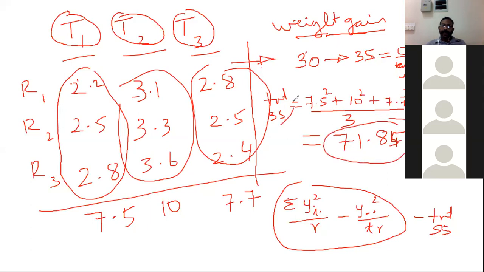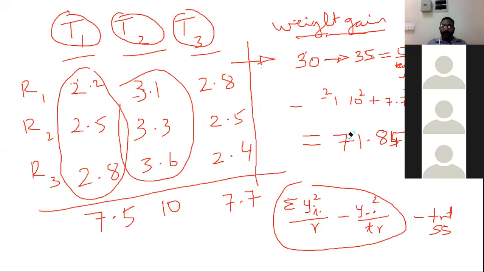This is called treatment sums of square. I'm going to erase this now because we need to erase some of this. Now, what is the correction factor?